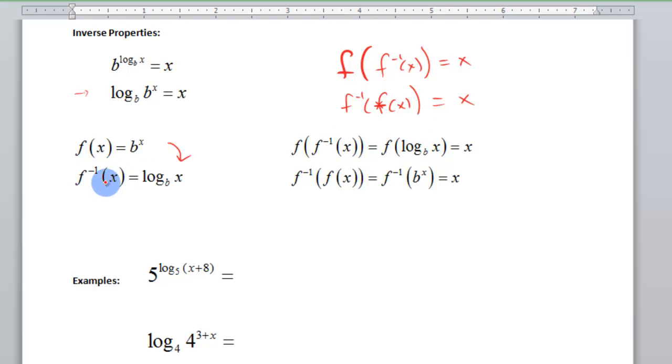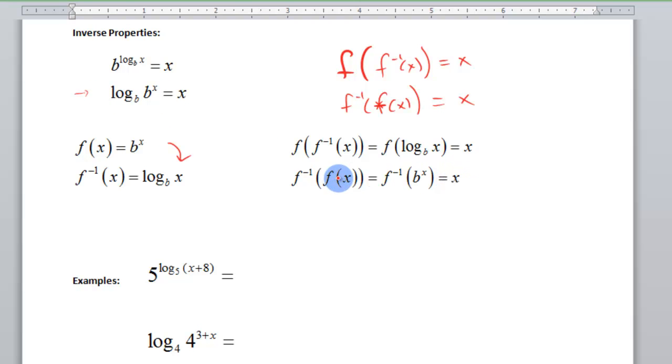The next one, if we take f inverse of f of x, f of x is b to the x. Now this input is going in here, which is in this right here. That's where this one's coming from. The b to the x replaces the x. Log base b of b to the x. But that whole thing has to equal x as well, see?